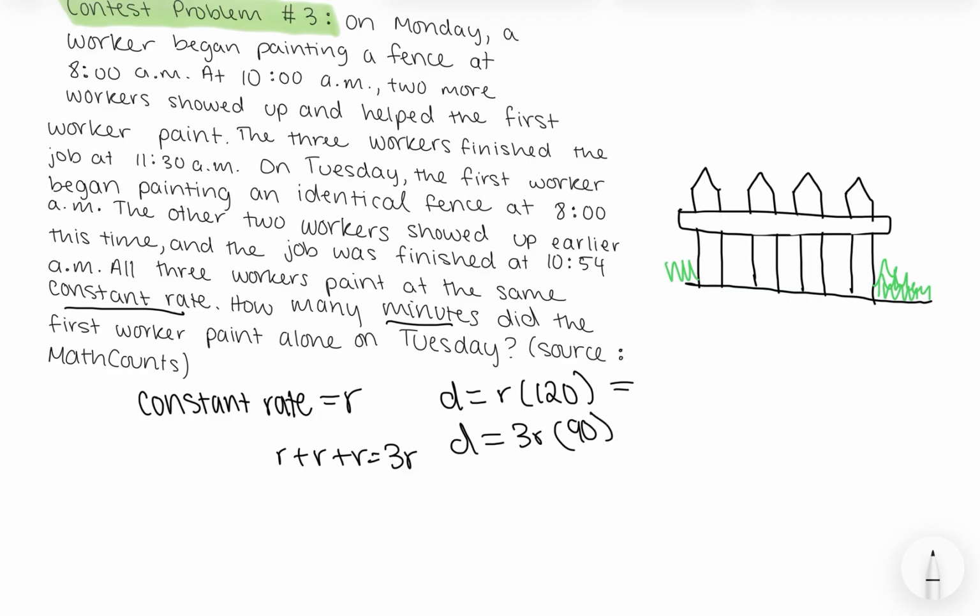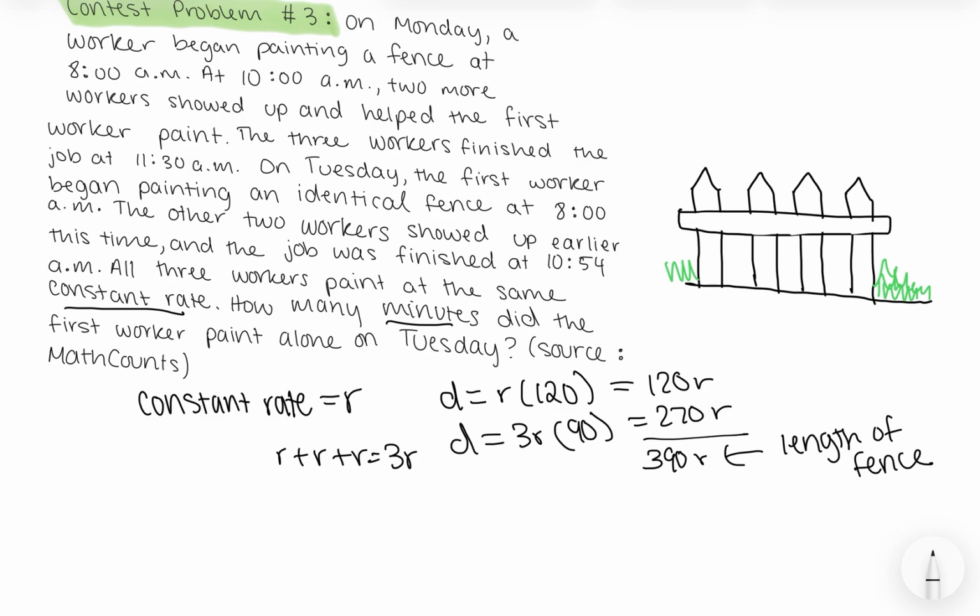So this is 120r, this is 270r. So in total we can express the distance of the fence, which I'm saying distance over here, but actually the length is 390r. Length of fence.